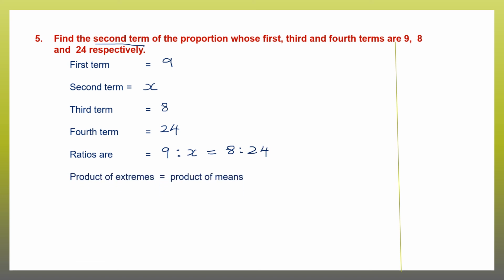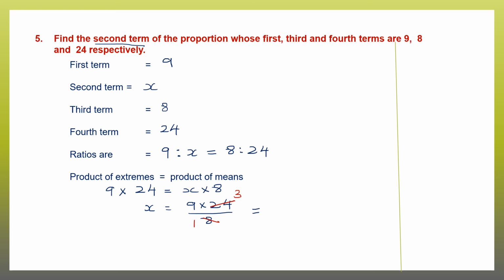Now product of extremes equals product of means. Extremes are 9 into 24 and means will be x into 8. So let's find x. 9 into 24 divided by 8. Now let me cancel 8 and 24. 8 1s are 8, 8 3s are 24.